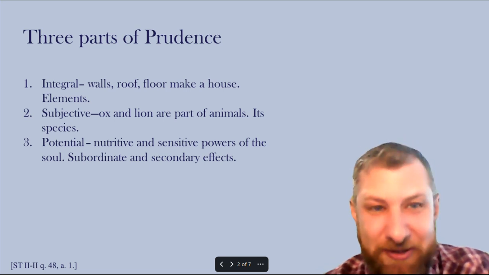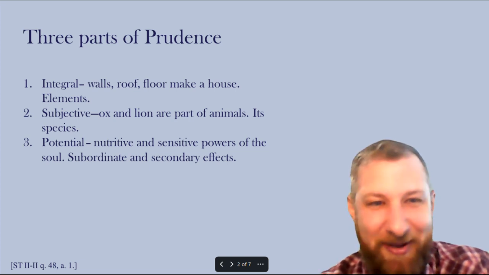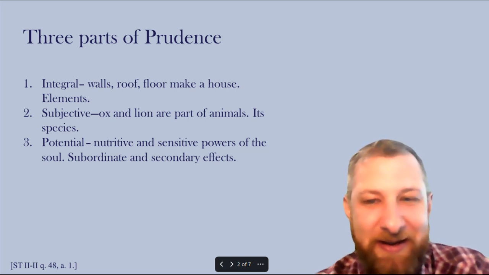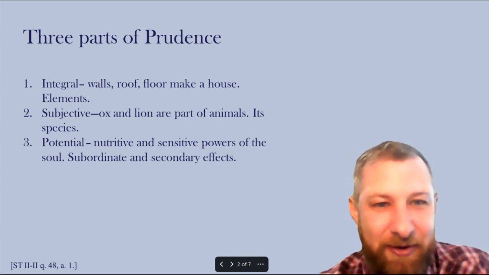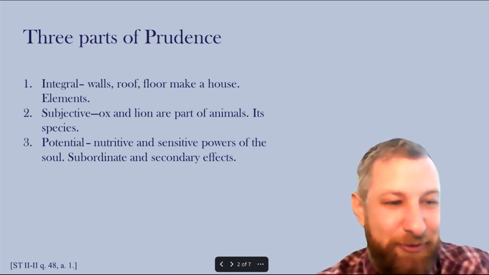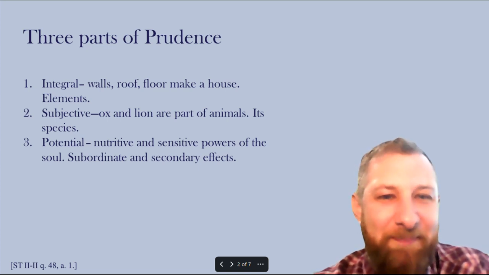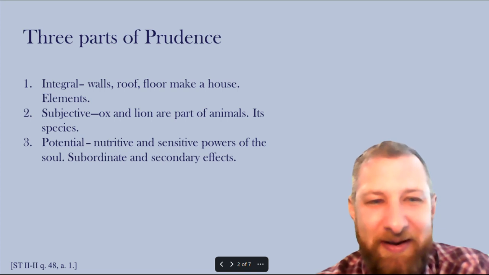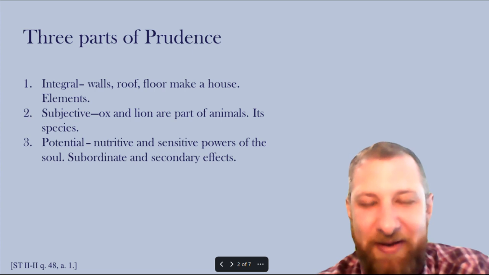Now there are the potential parts of prudence. This one is more complicated to describe in the abstract, because the example St. Thomas gives is the nutritive and the sensitive powers of the soul. Well, if you are new to Thomistic and Aristotelian language, that doesn't help much probably. In some ways it is similar to the subjective, and in some ways it is similar to the integral parts, right?